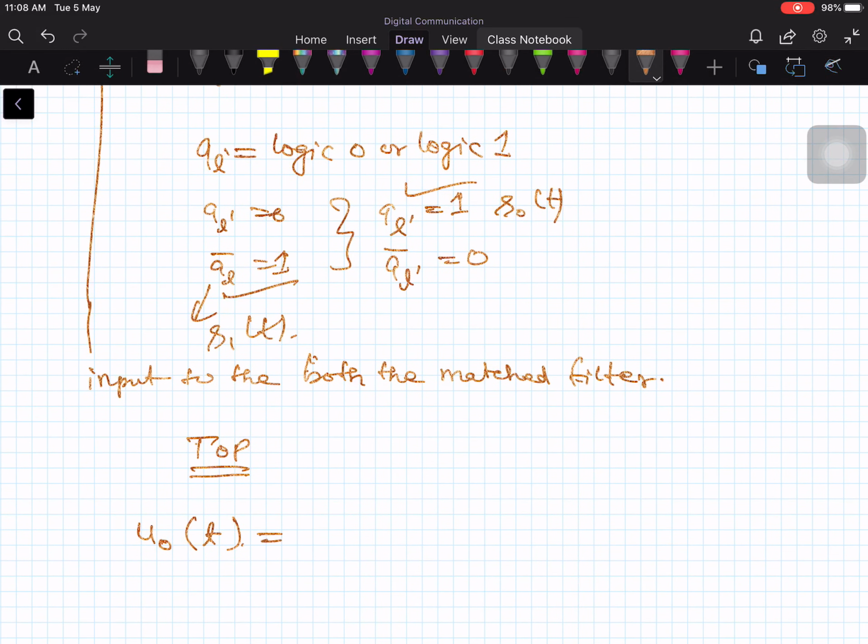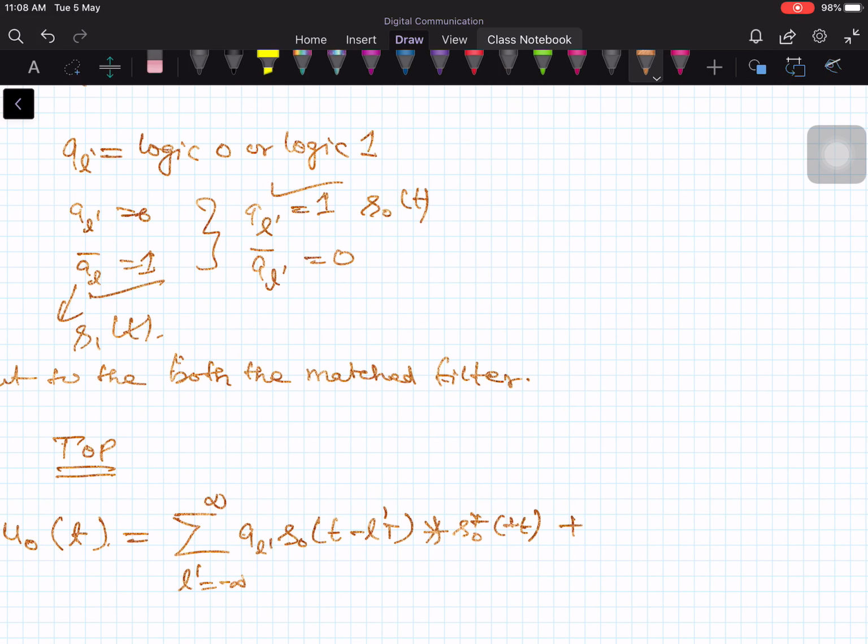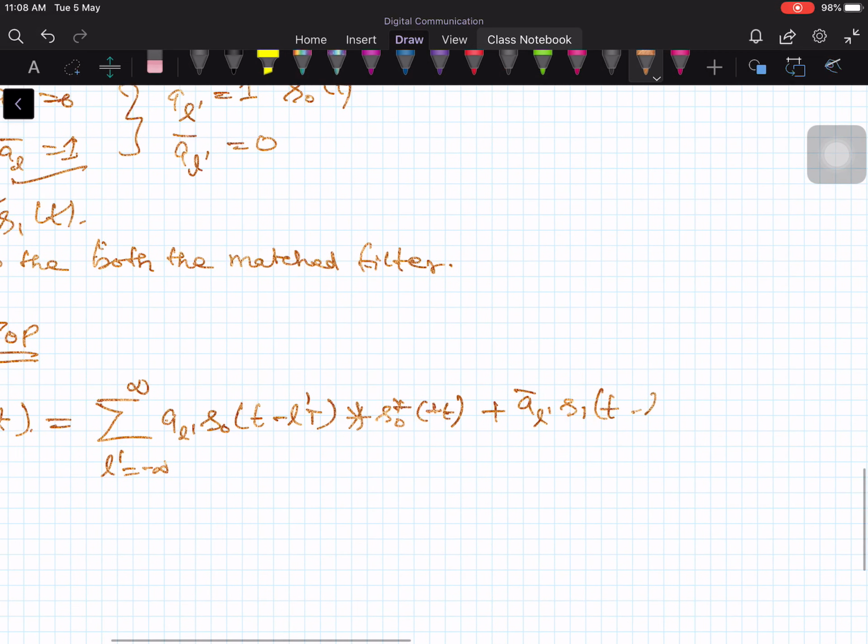So U0 of t is equal to the summation over L prime from minus infinity to plus infinity of AL prime S0 of t minus L prime T convolved with S0 conjugate of minus t, plus AL prime dash S1 of t minus L prime T convolved with S0 conjugate of minus t, plus N of t also convolved with S0 conjugate of minus t. So this is the output of the top matched filter.